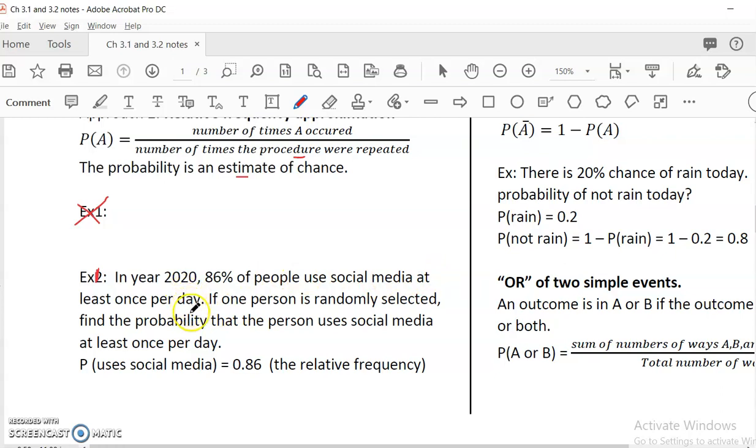What is the chance that I'll pick someone who uses social media at least once a day? 86% is the relative frequency that describes how many people use social media over the total. So the probability of picking one person is the same as the relative frequency.